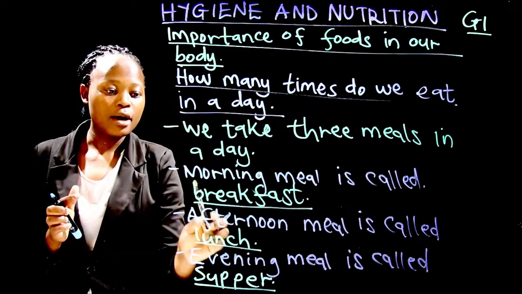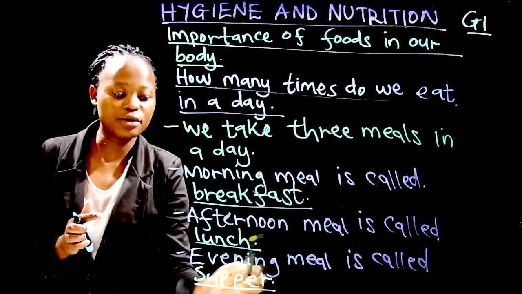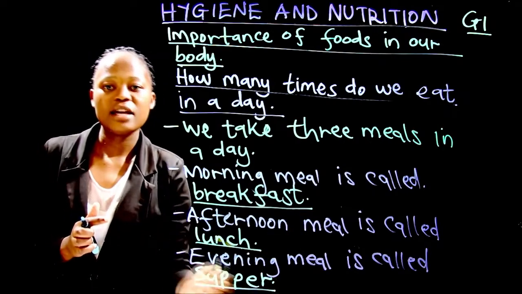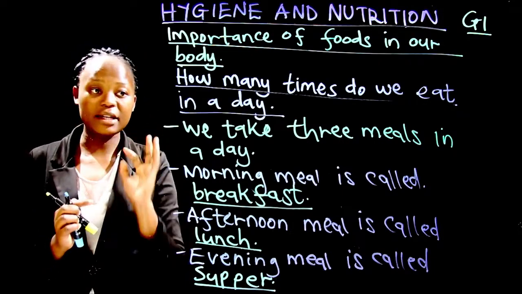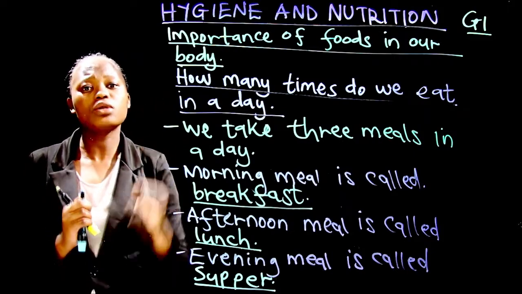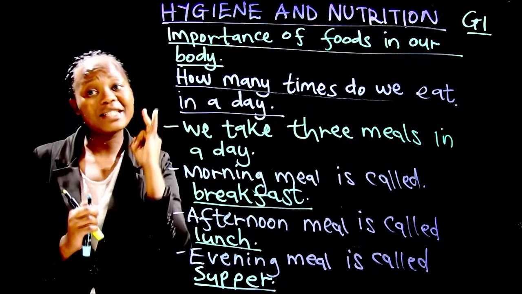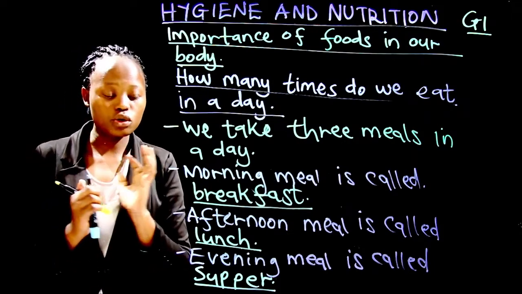So we eat breakfast in the morning, lunch in the afternoon, then supper in the evening. How many times? 3 times in a day. So we need to eat 3 meals in a day. Make sure you take breakfast, you eat lunch, and you also take supper before you go to sleep.